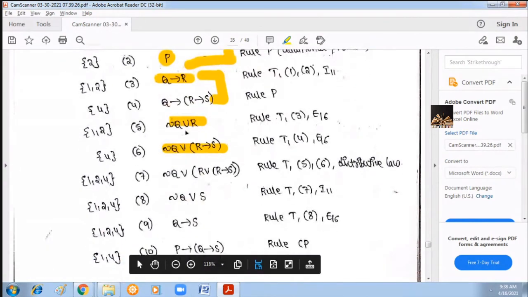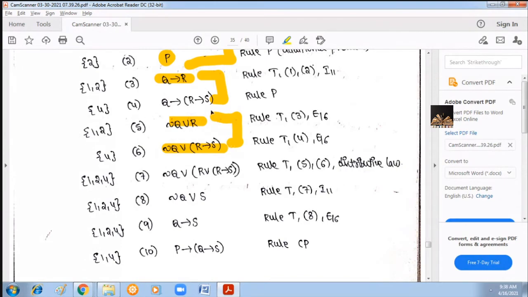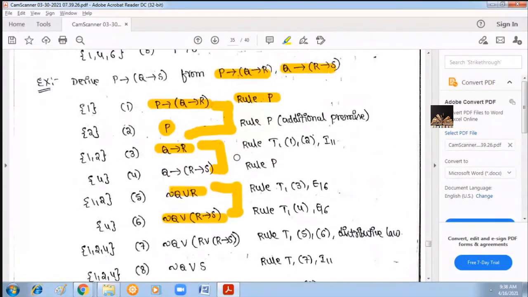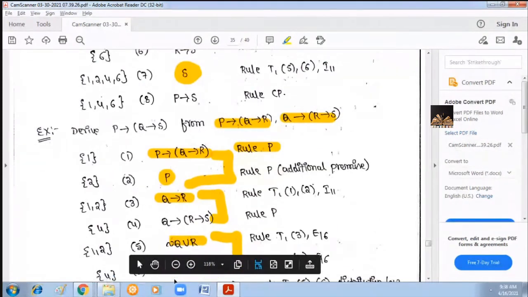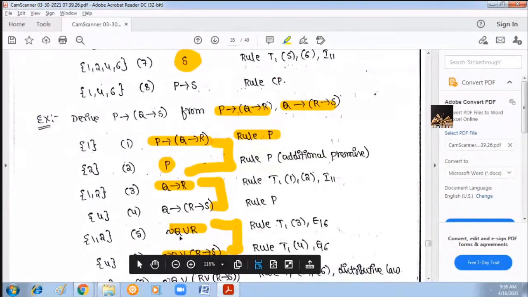Right? Now you combine these two using this distributive law. Then what you will get? Negation Q union R is one term. Negation Q union R tends to S is one more term. So when you combine these two, what you will get? This negation Q is common, so take that negation Q as common.